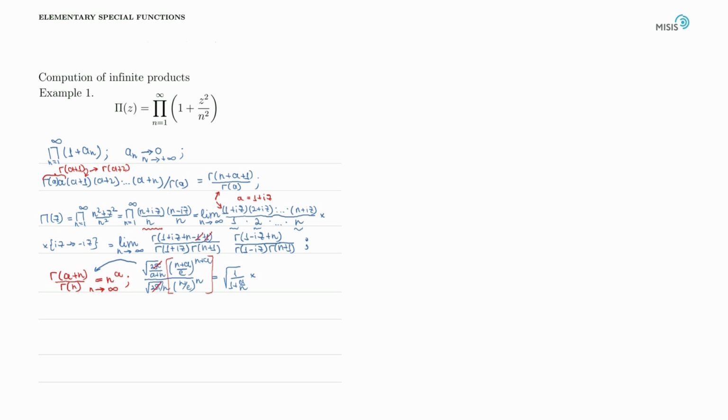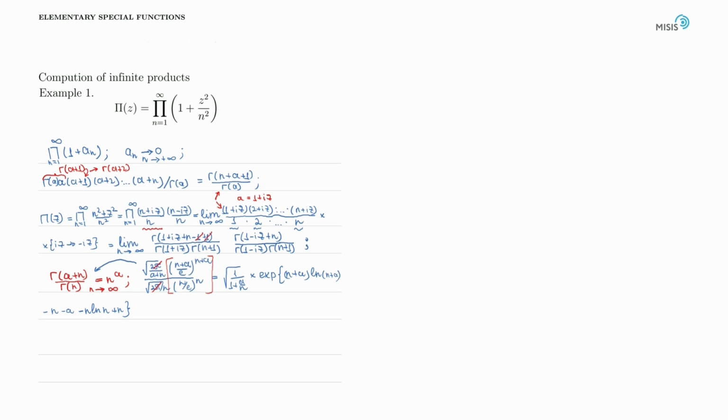The best way to simplify them is as usual: rewrite them in the exponential form. So the first term is going to be n plus a times the logarithm of n plus a, and then minus n minus a. This is the numerator, and then the denominator, which is obviously minus n logarithm n plus n.